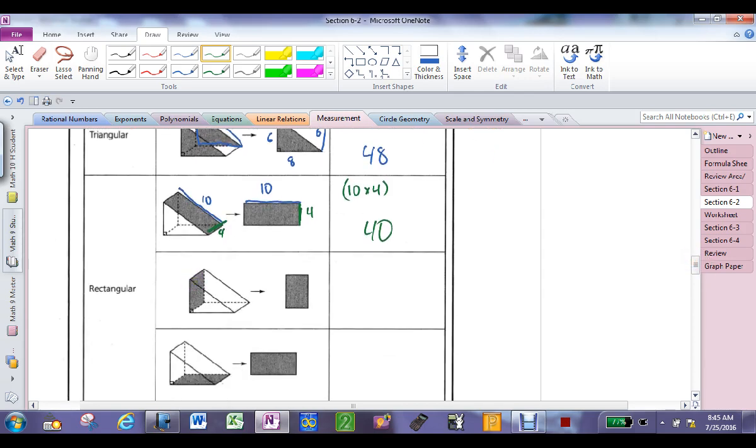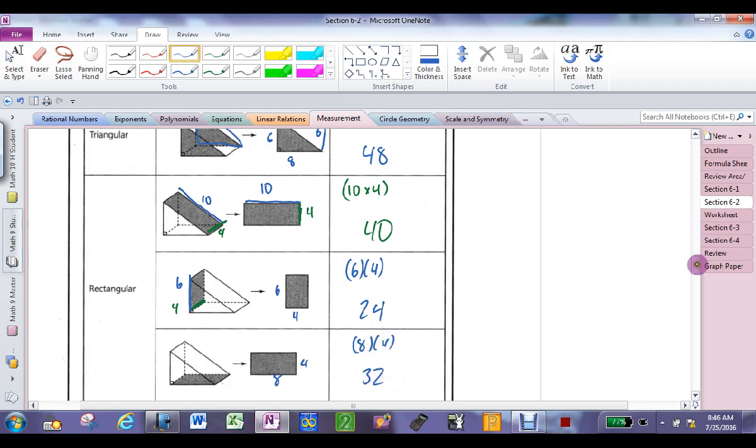What's this guy on the back? We already know across here he's 4. Do we already know his height? 6. So I got 6 and I got 4. What's this answer then? 24. And what's the bottom? 8 by 4.